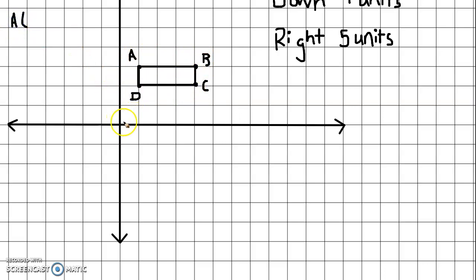The coordinates for A, and remember it's x, y coordinates, are over 1, up 1, 2, 3. So I know the coordinates for A in my pre-image are 1, 3. The coordinates for B are over 1, 2, 3, 4, and up 1, 2, 3. So the coordinates are 4, 3.